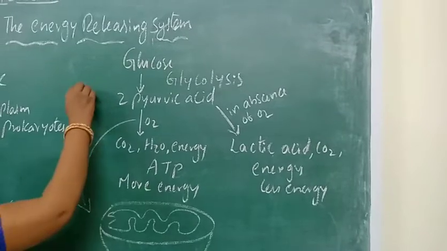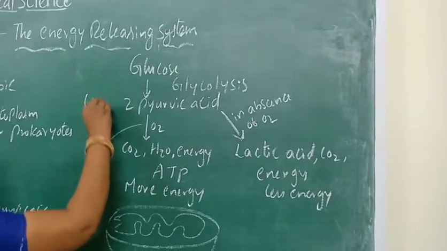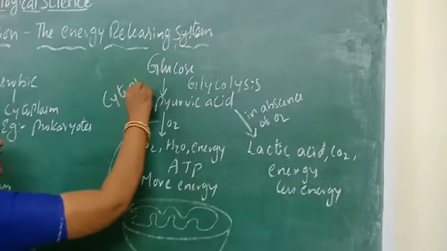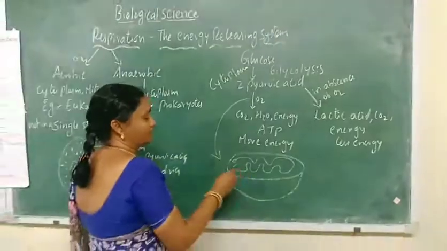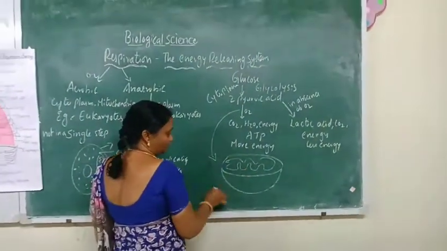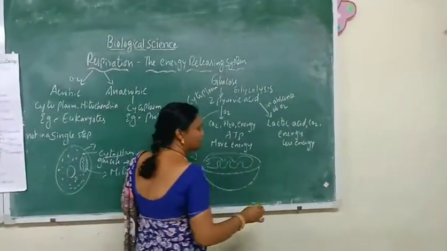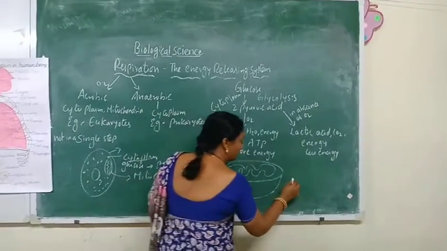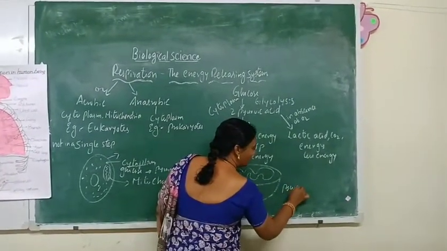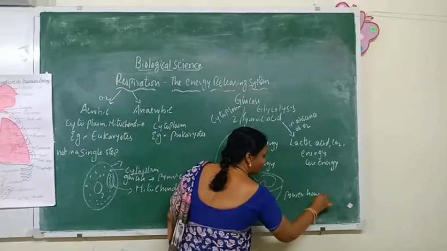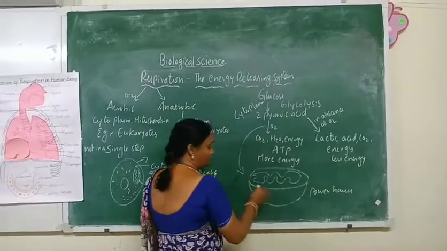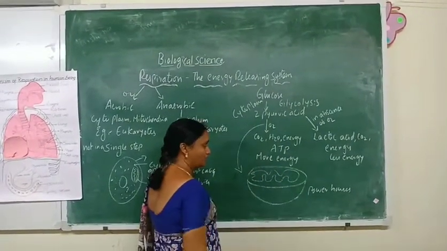The first step, glycolysis, occurs in the cytoplasm, and the second step occurs in the mitochondria. The energy is produced in the mitochondria, hence it is called the powerhouse of the cell.